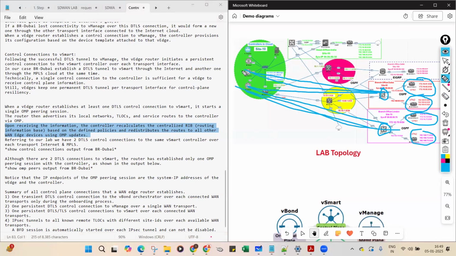And now the vSmart will calculate the best possible path to reach these subnets and give it to the BR Dubai router. Similarly, it will also calculate the best path to reach these subnets and give it to this branch so that they know how to reach these routes efficiently.